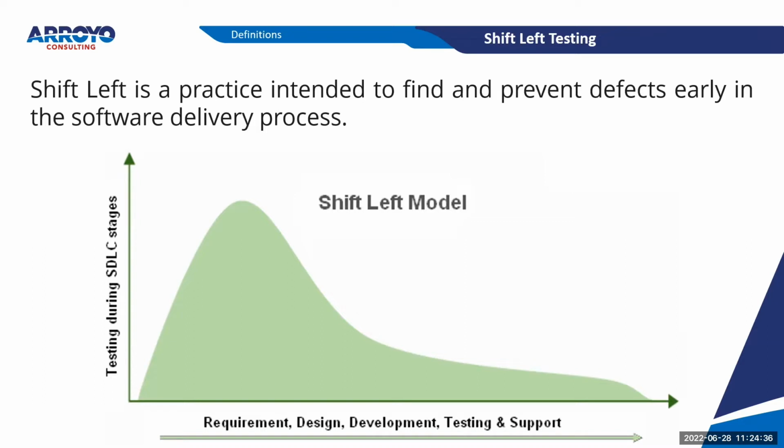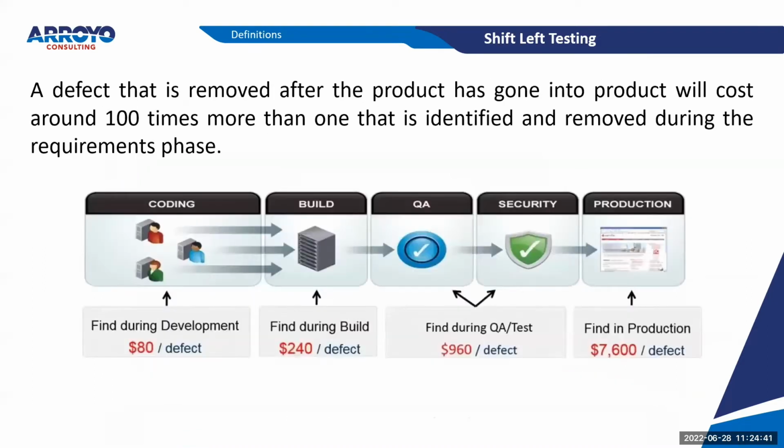Regarding the first question that I asked at the beginning, a research by the Ponemon Institute in 2017 found that if a defect is found at the beginning of the coding process, for example, it can cost around 80 US dollars.